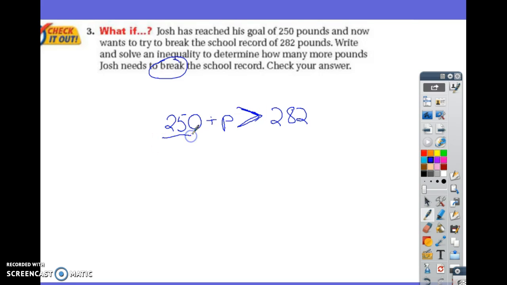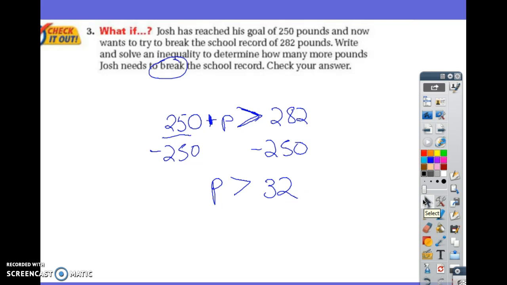His old record plus an increase has to be greater than 282. So now we're going to solve it. Minus 250, minus 250. So the pounds that Josh has to add would have to be greater than 32 in order to break the school record.